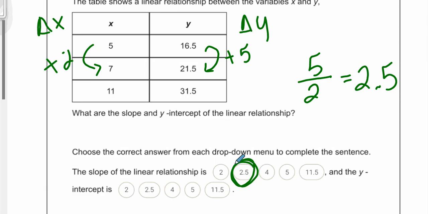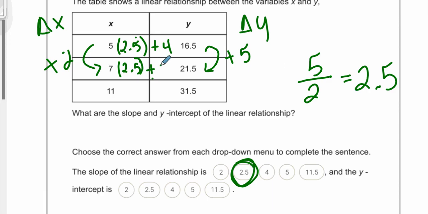Okay, let's try out that slope. 5 times 2.5 is going to give me 12.5. So that means I need to add 4 to get 16.5. 7 times 2.5 is 17.5.